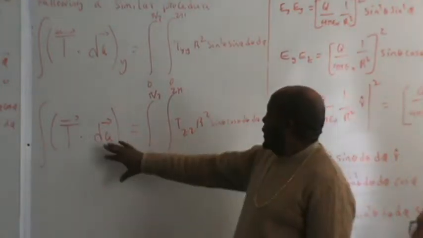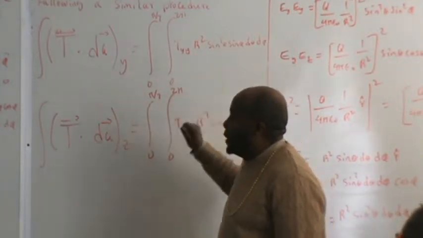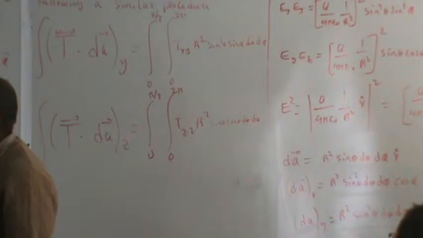okay, now let's show also the x and y components. So this is the z component, and that is the y component, and this one is the x component. All right.